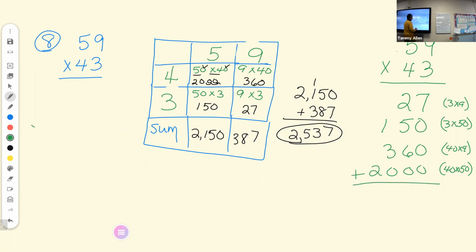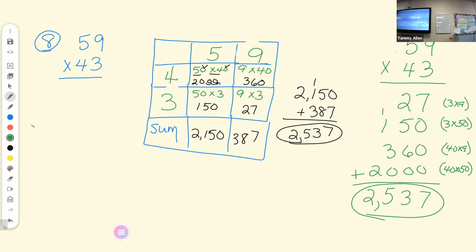And now I add them all up. 2,537, right? So it's writing out each of the pieces essentially from the box method, right?